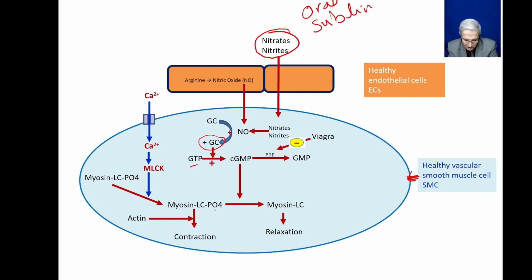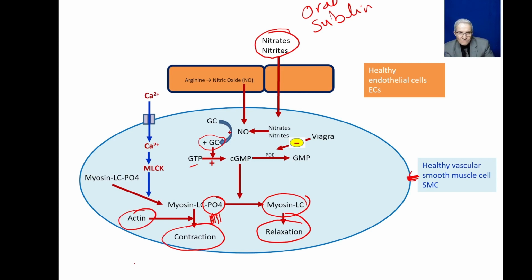Cyclic GMP leads to dephosphorylation, and you can see here the phosphate, and our medication, nitric oxide, removes the phosphate. Then we have myosin light chain without phosphate, and this will lead to relaxation. With the phosphate, interacting with the actin, the result will be contraction.